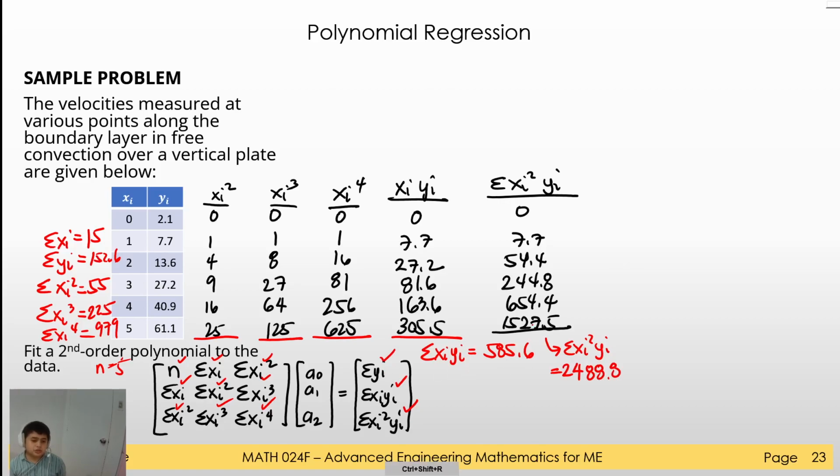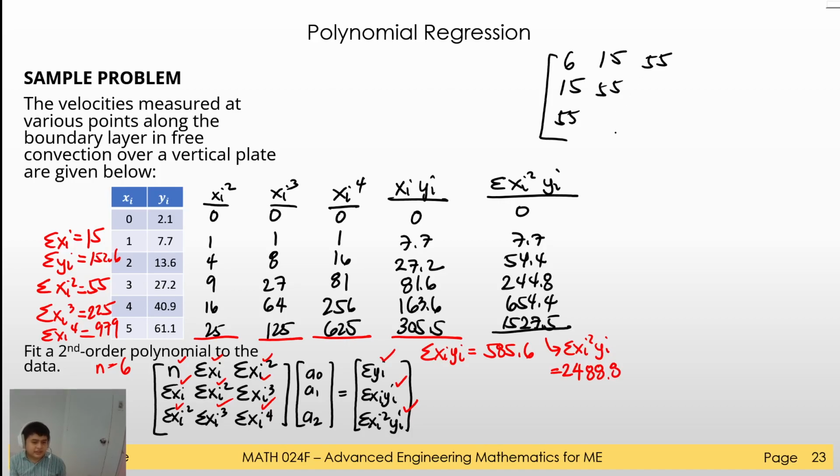So we can just substitute the values. Substituting, we have n, which is 5. Sorry, it should be 6. So we have 6, then 15, 55.